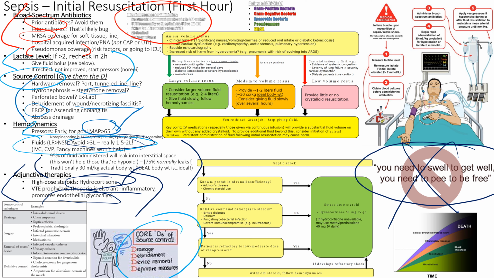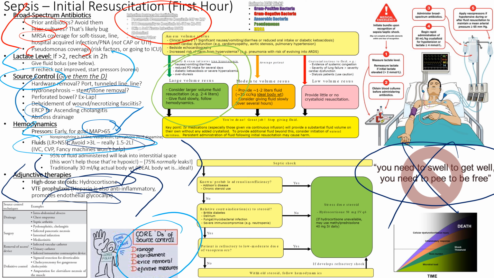So when you give volume, what's the ideal crystalloid you can give? Should you give normal saline? Only if you are in metabolic alkalosis. That would really be the only reason to give it, because it's going to induce an acidosis. And we know patients with lactic acidosis probably should not get another fluid that's going to cause an acidotic state.